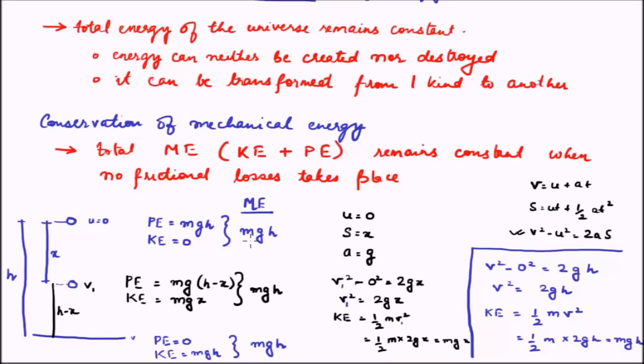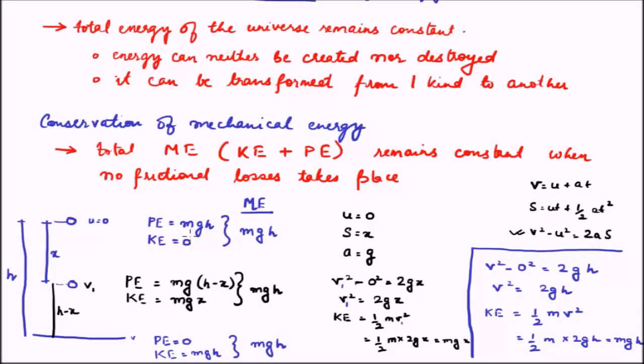If there were air resistance, then the ball would lose velocity and the kinetic energy would be lower at the bottom than mgh, and the total mechanical energy would fall then. But since there are no frictional losses, the total mechanical energy at any point remains conserved. So this is an extension of the conservation of energy, and this is what we will mainly deal with in this chapter. So we'll focus on this.